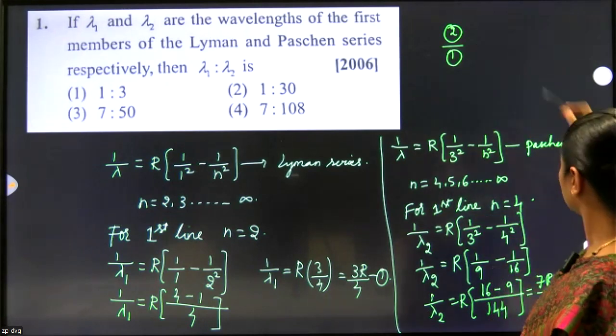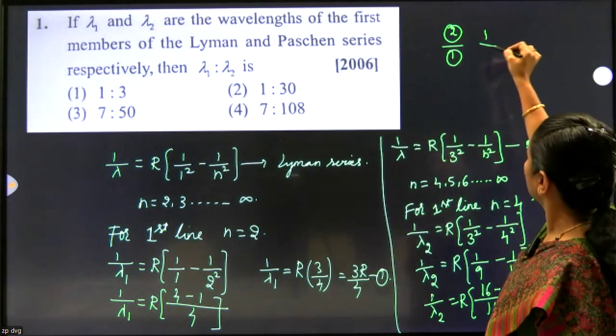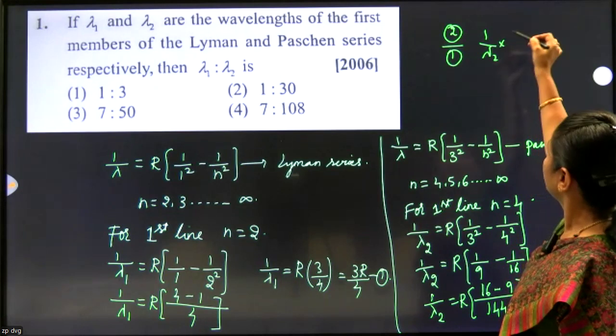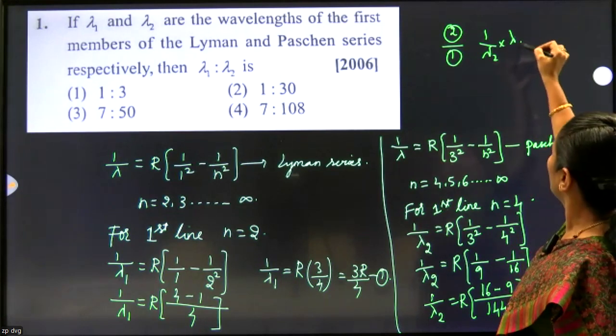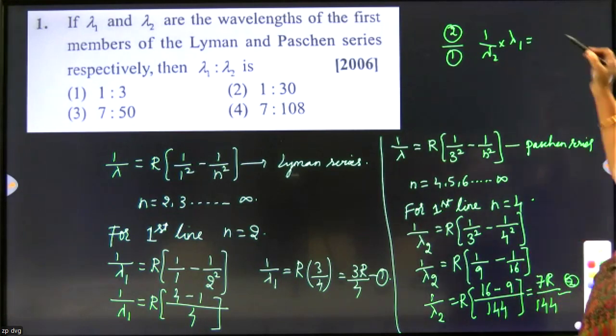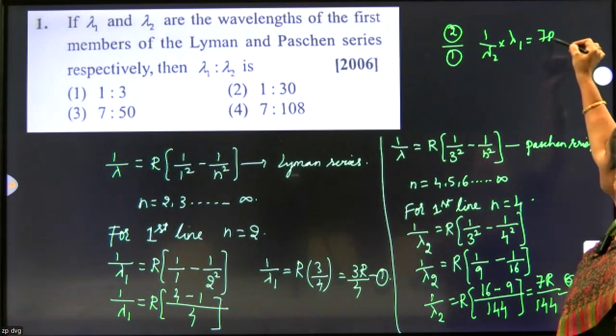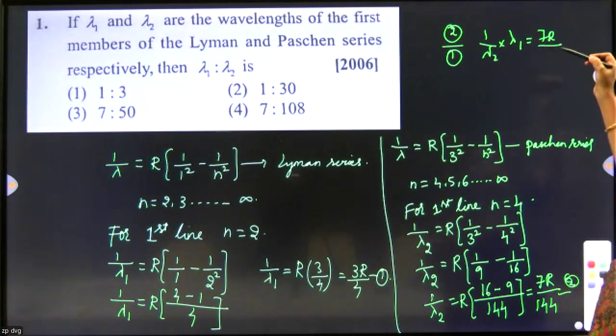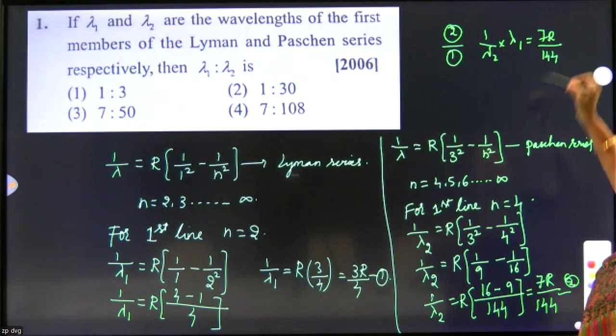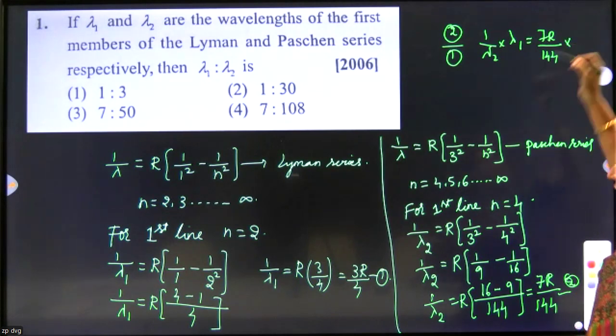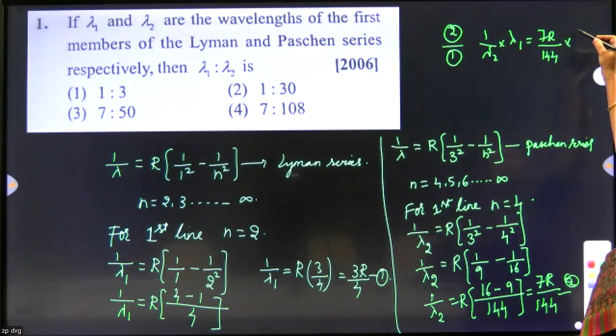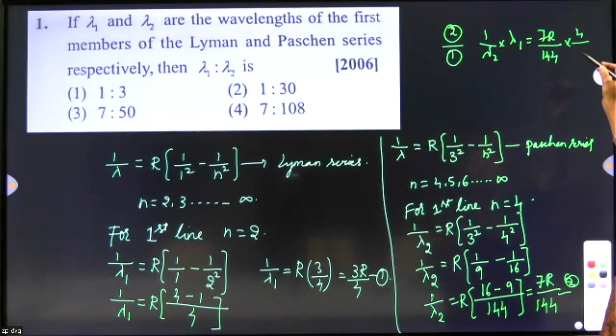Then we get 1 by lambda 2 into lambda 1 is equal to 7R by 144 into 4 by 3R.